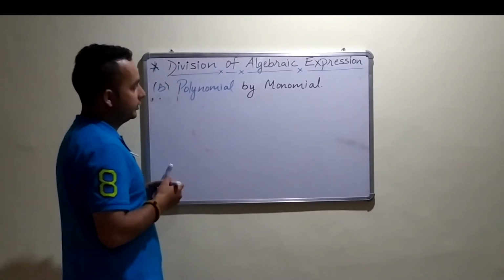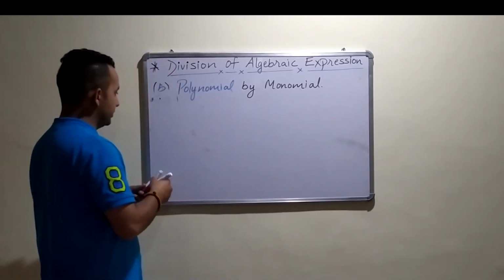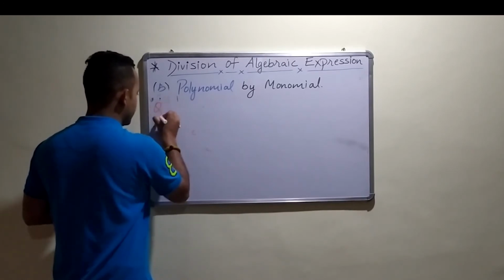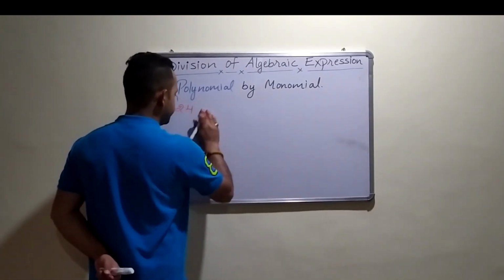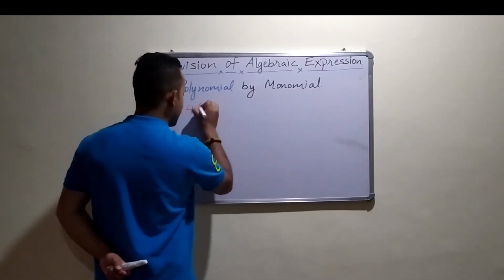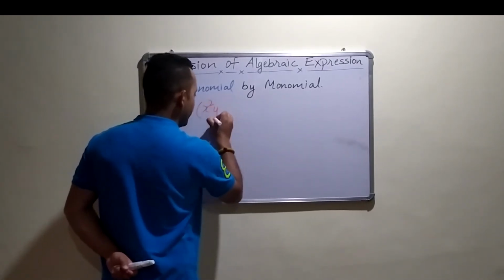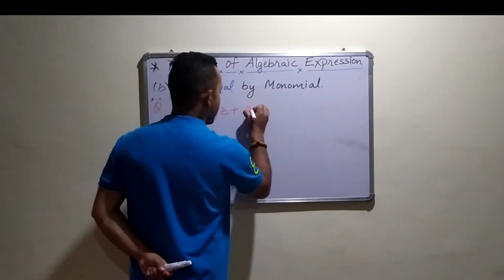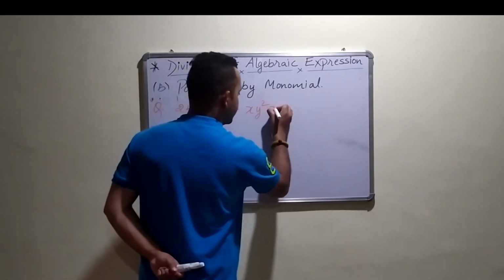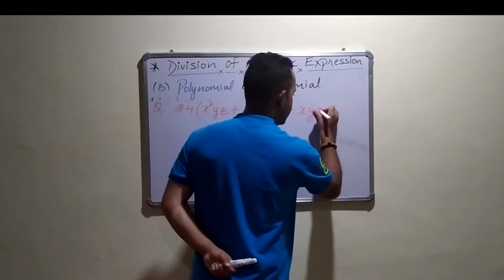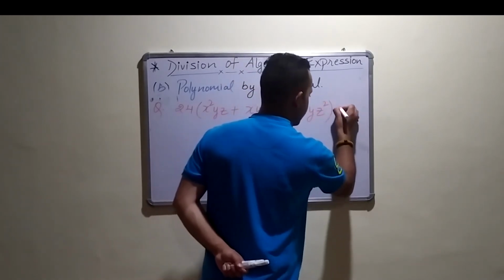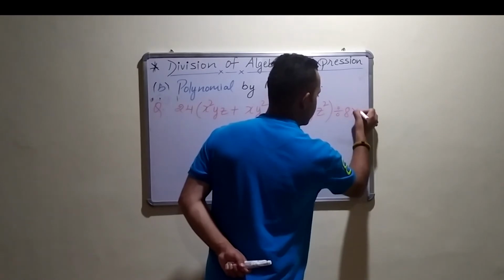Now my question is 24x squared yz plus xy squared z plus xyz squared divided by 8xyz.